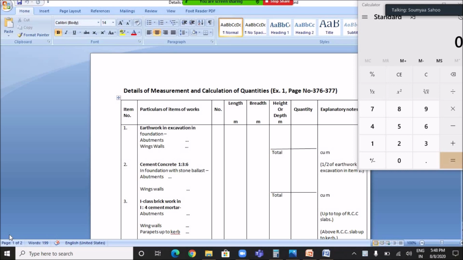Okay, so if you are good at understanding the plan and sectional elevation, then definitely you will score very good mark in estimation. So this table will show you the details of measurement and calculation of quantities. So here in the RCC slab culvert, the first item is earthwork in excavation. This excavation work in foundation is done for abutments and wing wall.